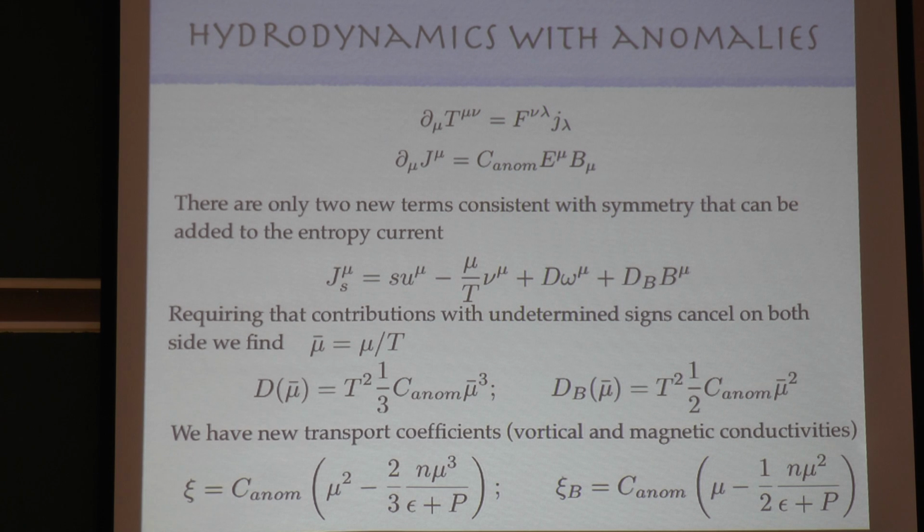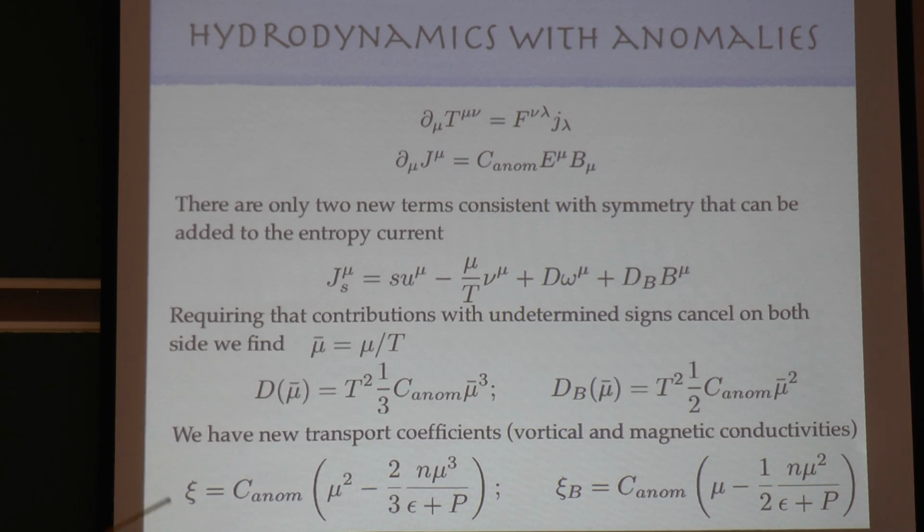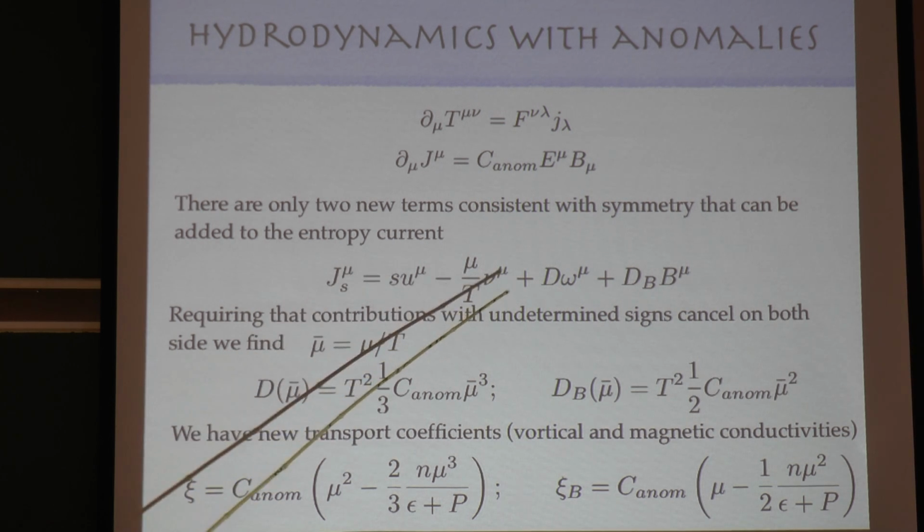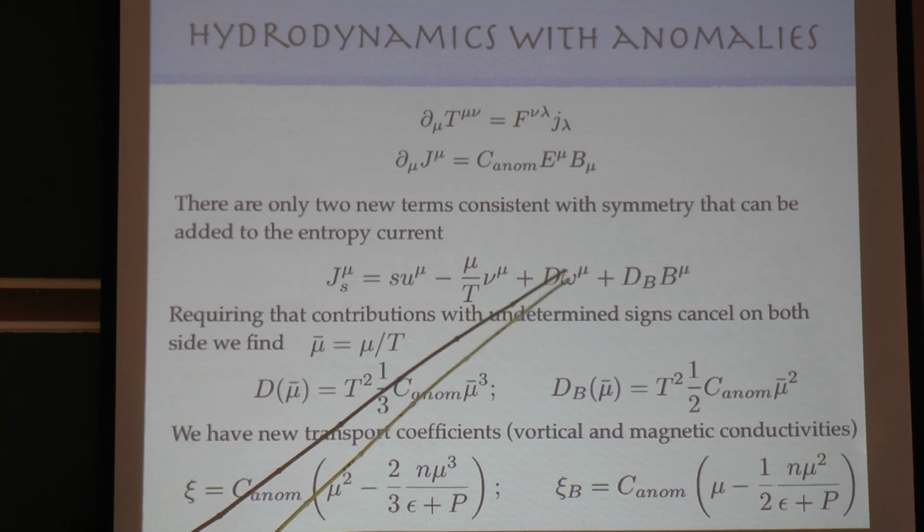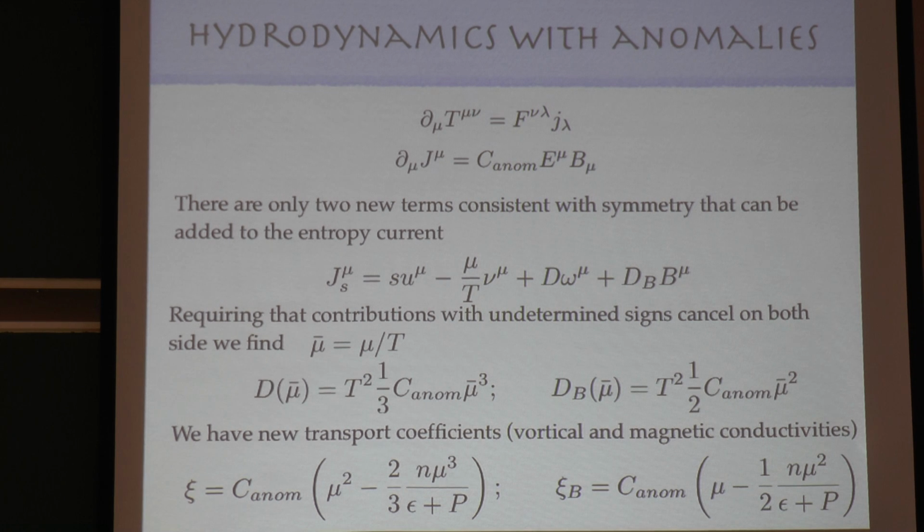But again, if we calculate the entropy current, now we have enough equations to fix the functions that we put in front of these terms, and from that we can also fix some transport coefficients that occur in the current. As you see, they are proportional to the anomaly coefficients, and they're purely given by the chemical potential, energy density, pressure, and charge density.